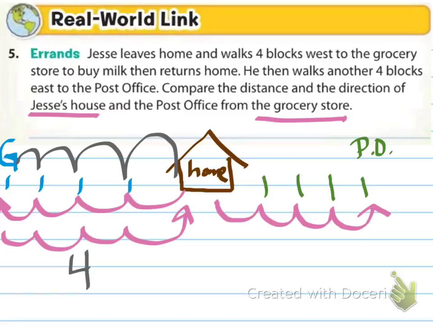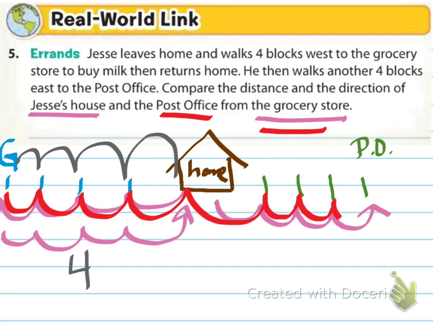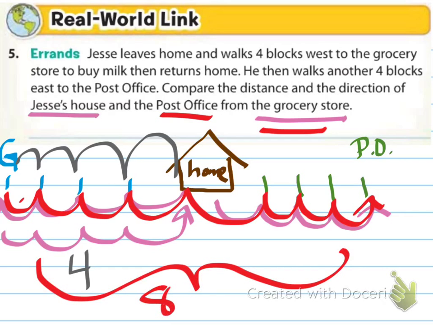But to go to the post office from the grocery store, how many blocks would that be? 1, 2, 3, 4, 5, 6, 7, 8. So notice that your 4 blocks from home to post office plus your 4 blocks from home to grocery store are combined to make the total distance 8 blocks.